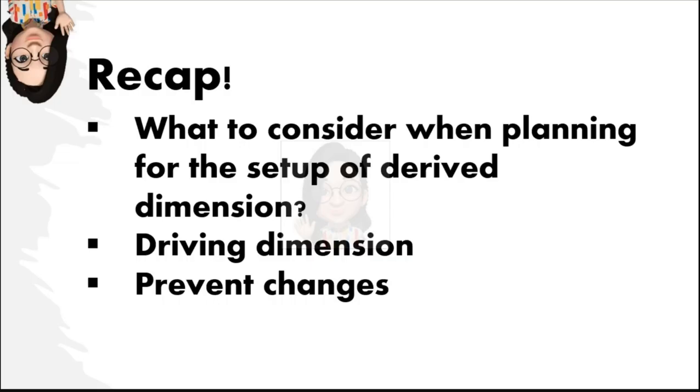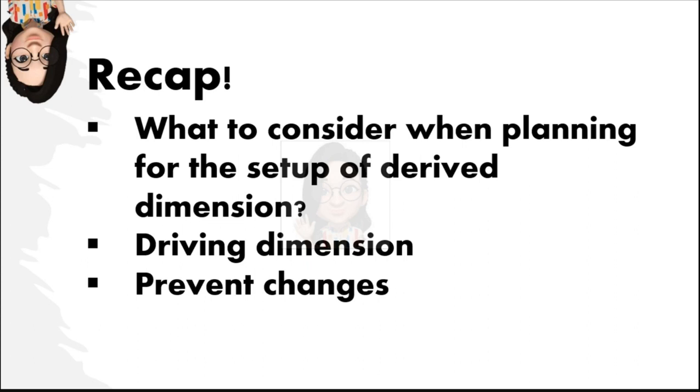As a quick recap, first, what do we need to consider when planning the setup of our derived dimension? Of course, our account structure, the account structures that are linked to our ledger form. And we also need to consider what the driving dimension is that we need to use, because D365 does not allow a duplicate driving dimension.